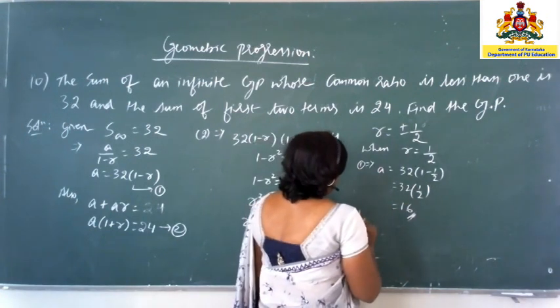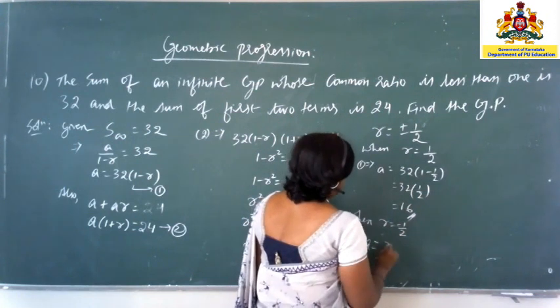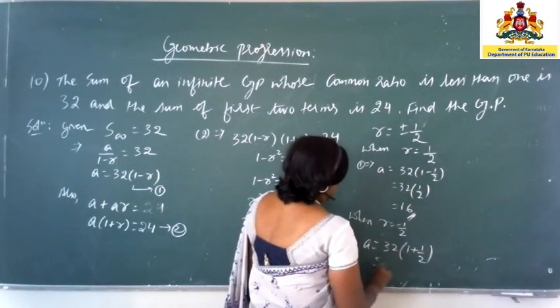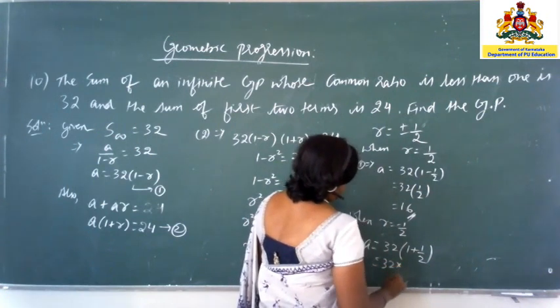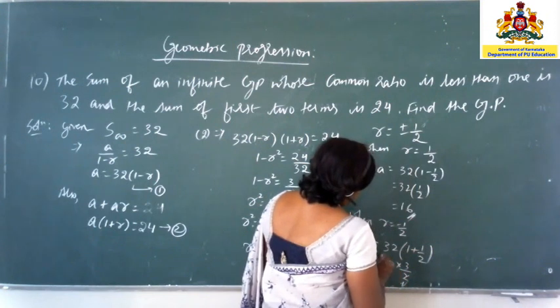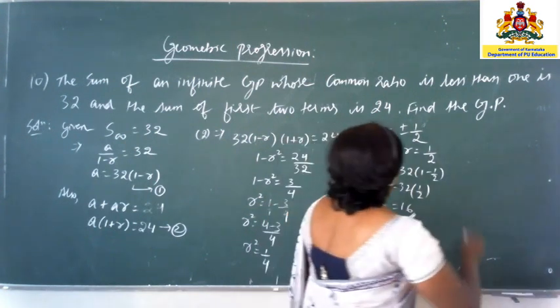When r is equal to minus 1 by 2, a is equal to 32 into 1 plus 1 by 2. So 32 into 3 by 2, one 16 and another 16 makes 48.